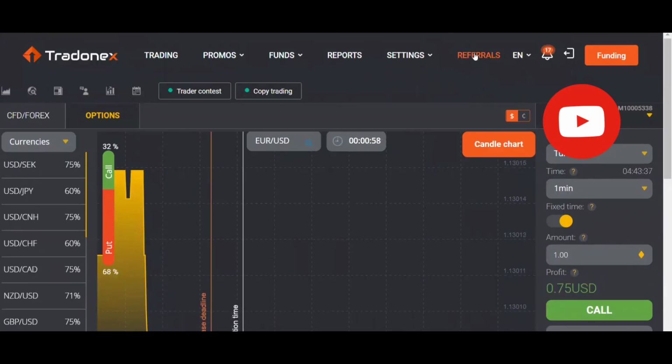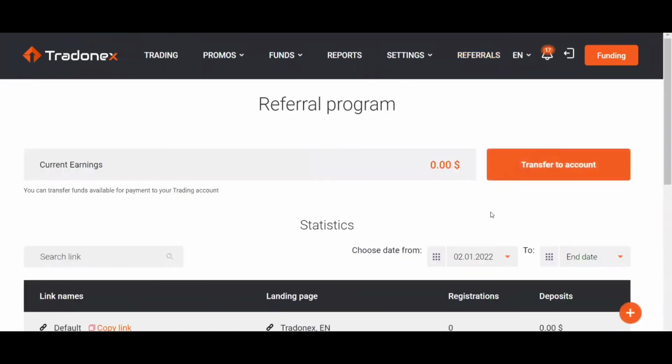So up here on referrals, this is where your referrals would be. You just copy the link because you automatically have one. If someone uses your link and they open an account and they make a deposit, your earnings would be up here.